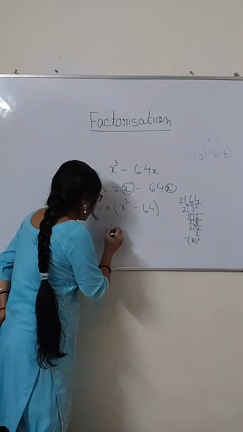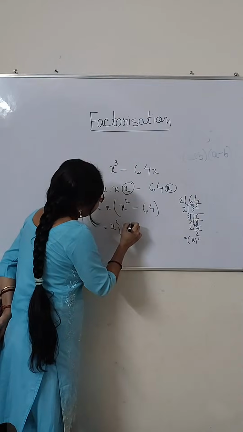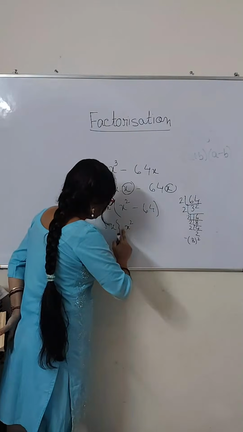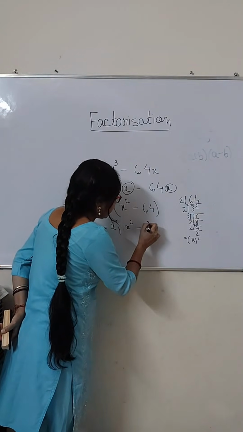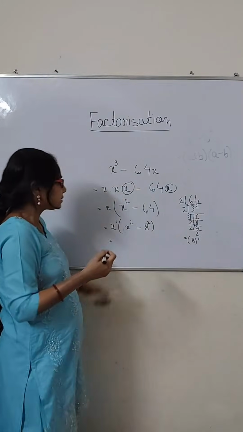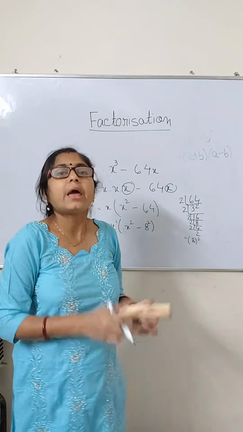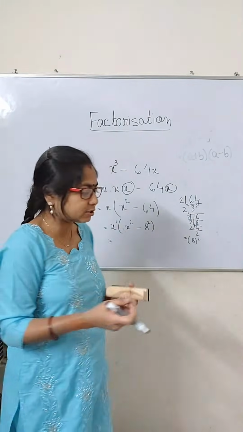Now I can write in this way. You can write 8 square. Okay. x square minus 8 square. And what's the formula? a square minus b square is a plus b into a minus b.